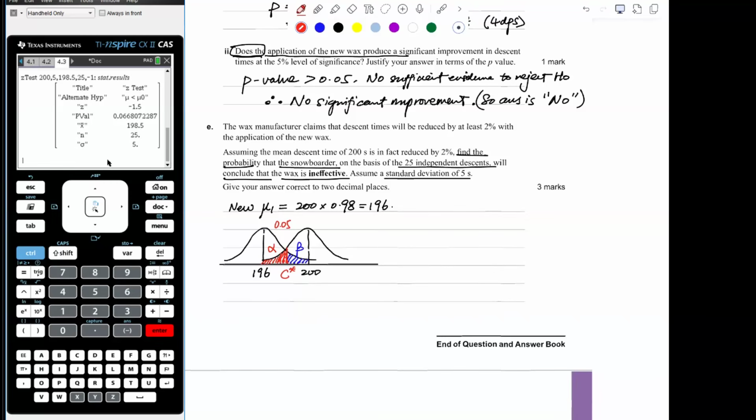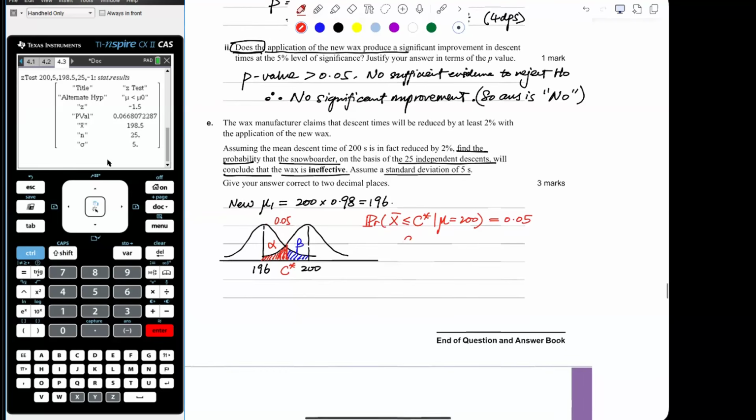Say the critical level will satisfy probability of x bar less than or equal to c star, given mu equals 200, that is 0.05. And my c star can be found to be 198.3551464.